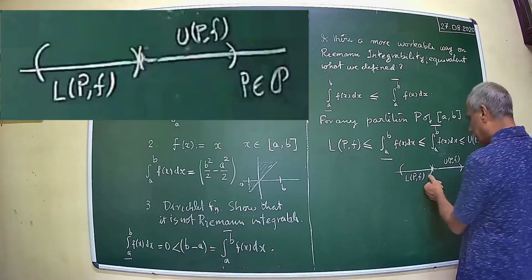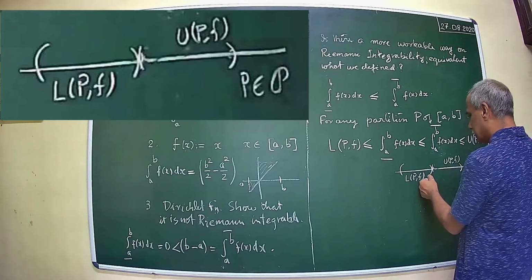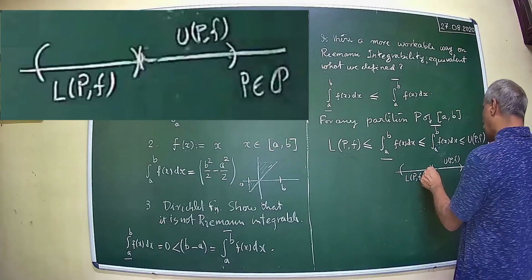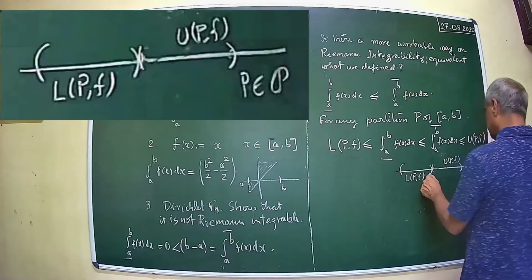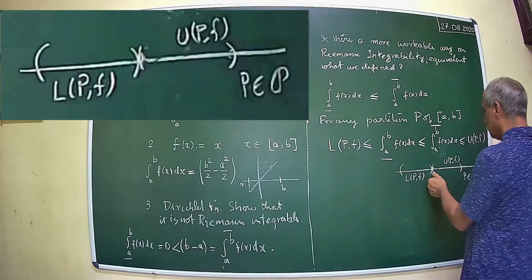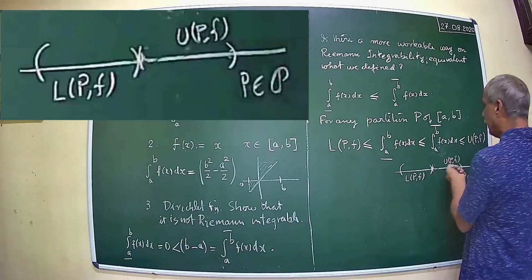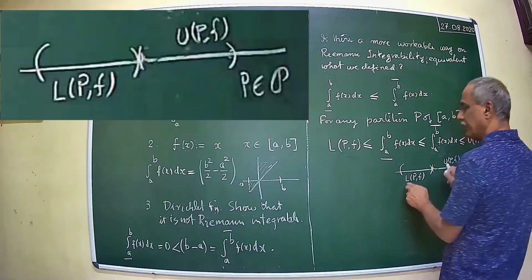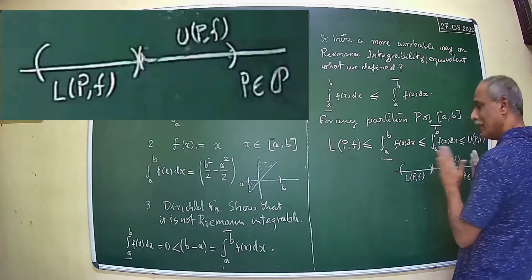Since we are talking about the supremum and the infimum, there is an L(P, f) which lies arbitrarily close to the lower integral, and there is a U(P, f) which lies arbitrarily close to the upper integral. Or in other words, you can find a partition for which the difference between U(P, f) and L(P, f) will be arbitrarily small. This is the whole idea.